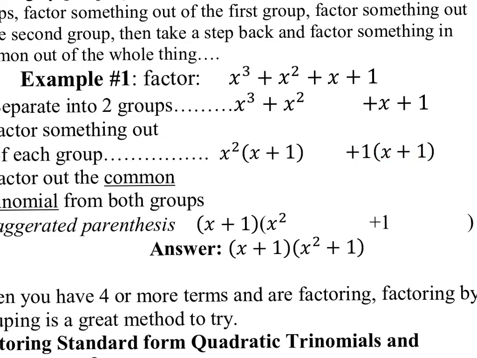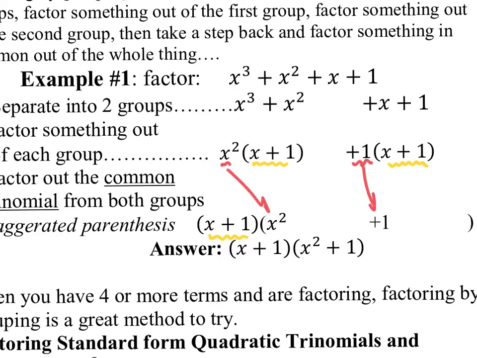But the important thing is that you recognize that there's a common binomial, x plus 1 in the first group and x plus 1 in the second group. So you take these common binomials and you pull them out to the front, which means you would have the x plus 1 out here in the front, which means you'd have the x squared left over and the 1 left over. The x squared comes down, the 1 comes down.